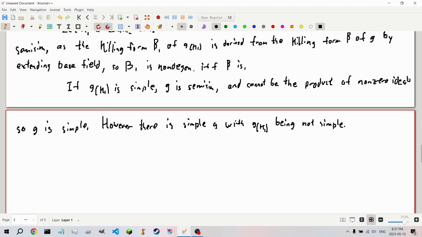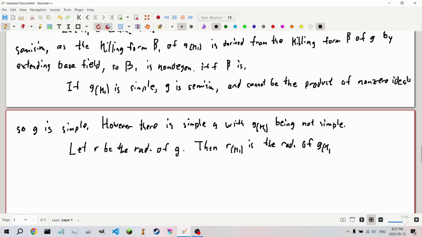So, now we're going to let R be the radical of G. Then the extension of R by K1 is the radical of GK1.